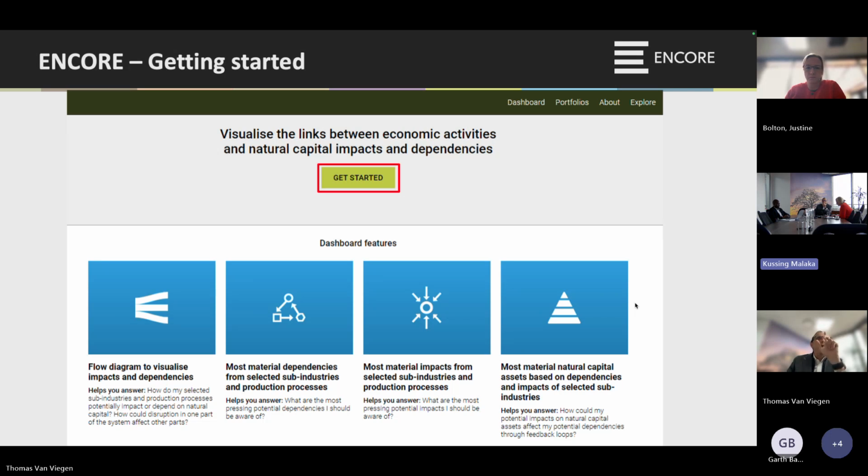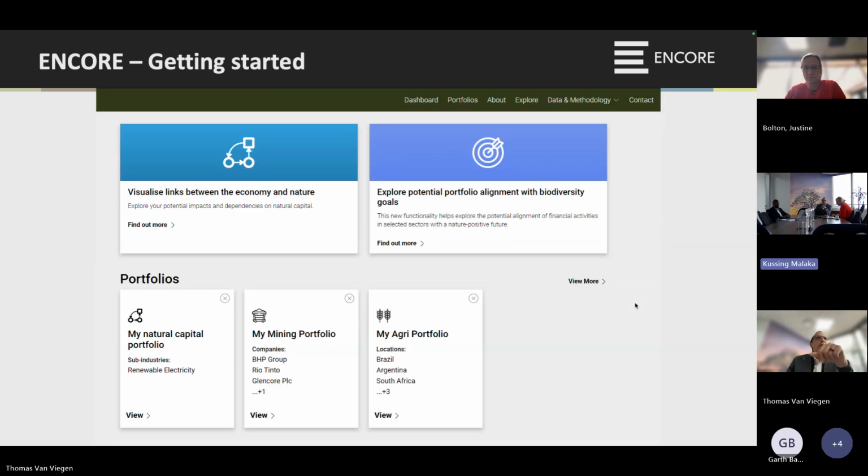And I'm going to be illustrating two aspects of the tool through slides and a little bit of a video demo, looking at both impacts and dependencies, and then the underpinning data, which is a separate tab which you can use to understand that. So this would then link back to that first block right at the top on the left, visualize links between economy and nature.